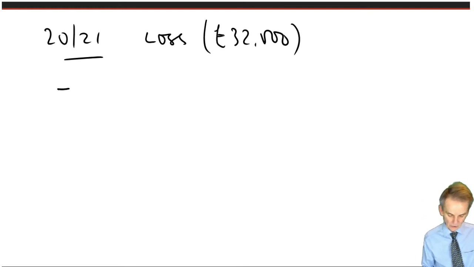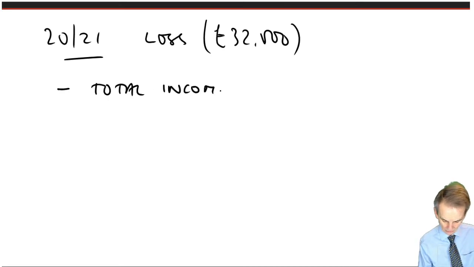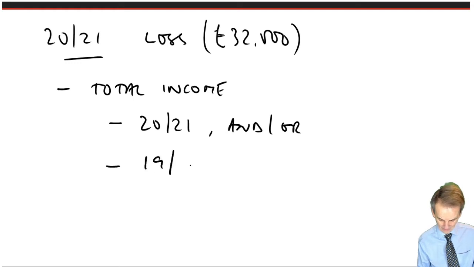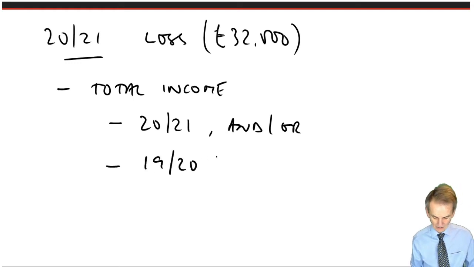The options that we have are to set off against the total income of the current tax year, 2021, and or the preceding tax year, which of course would be 1920.